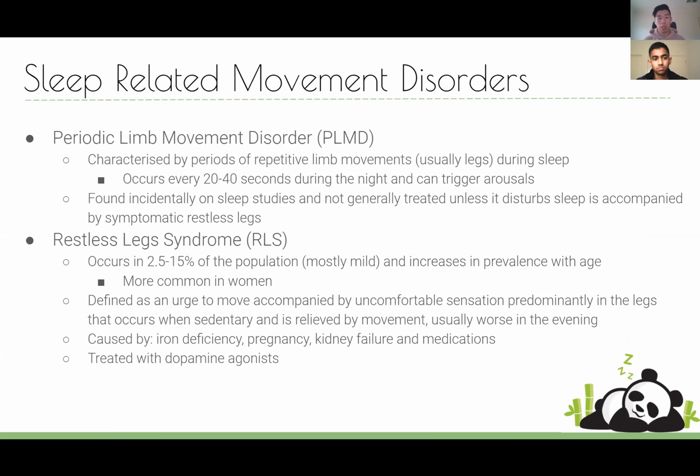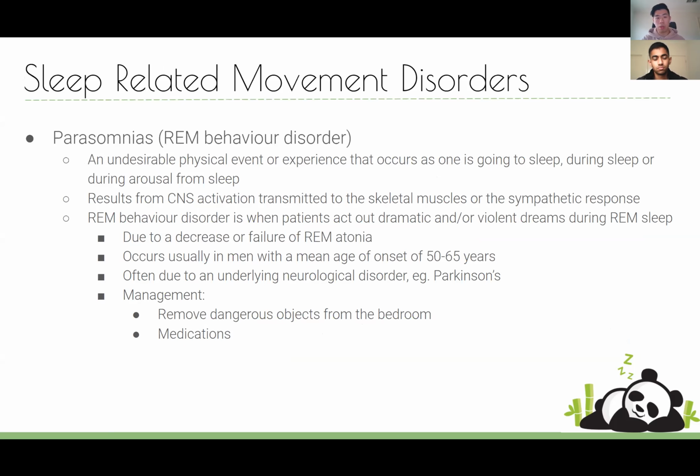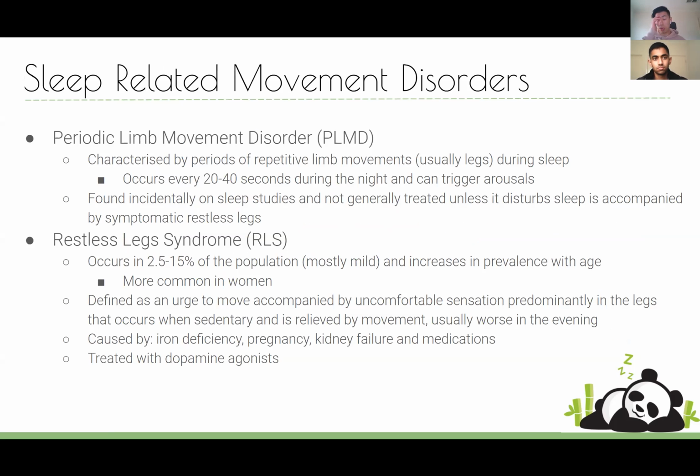Sleep-related movement disorders include periodic limb movement disorder, restless leg syndrome, and parasomnias. Periodic limb movement disorder is characterized by periods of repetitive limb movements in your legs. Restless leg syndrome is a side effect, I guess, interestingly, of iron deficiency, pregnancy, and kidney failure. So if you see it with iron deficiency, that might be something interesting.